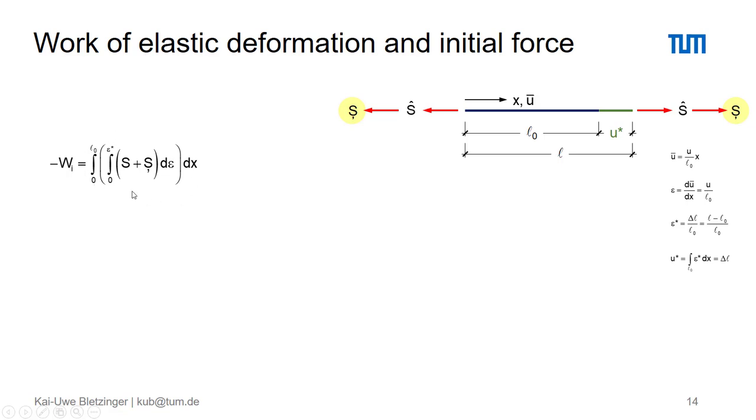As the internal work is a negative item, I take the negative of the negative. That means we receive finally with minus Wi a positive value.